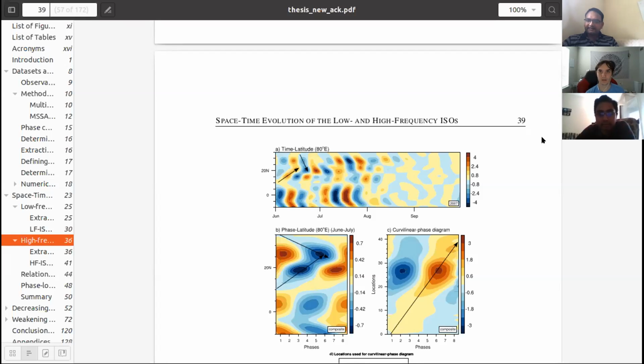Let us say rather than doing MSSA in time, if we do MSSA in space, are we going to get similar structures, similar figures? What do you mean by MSSA in space? That would be a very different thing to start with. Is there any paper which has done MSSA with space? I'm not sure about that.